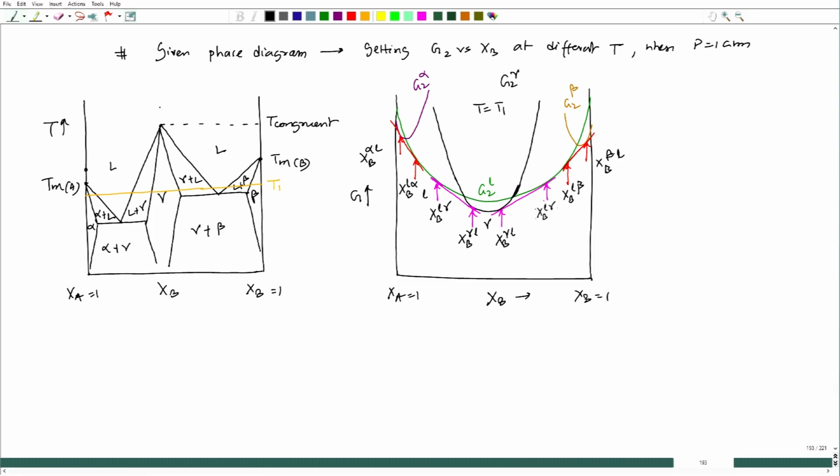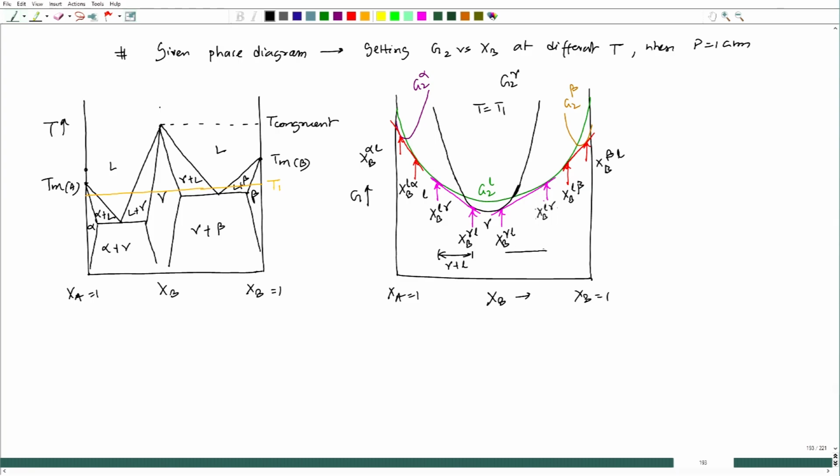Okay. So, we have reflected those compositions which are in equilibrium, and the first superscript is the phase we are considering, and the second superscript is basically the phase with which the system is in equilibrium. Okay. And in between these two, we have gamma plus liquid.